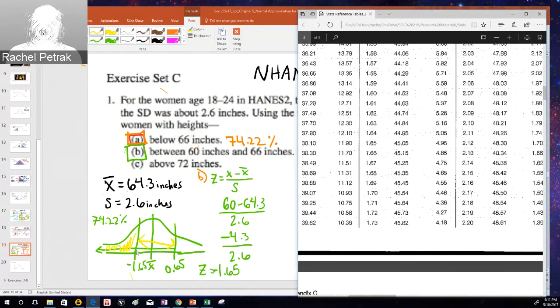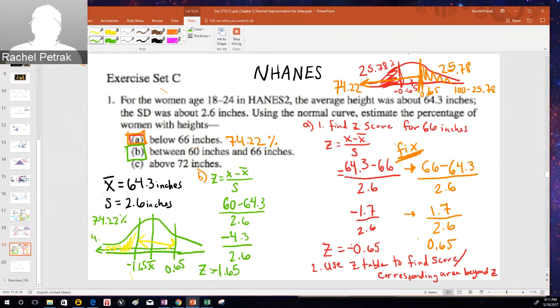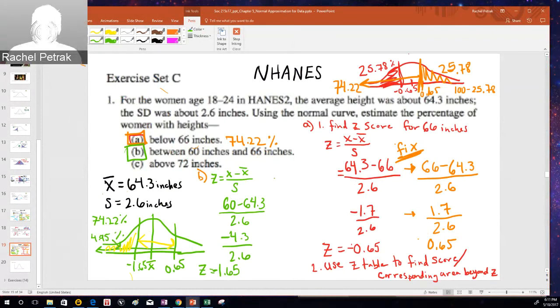Beyond that z-score is 4.95, so we can take 74.22 minus 4.95, and that's going to give us our proportion here.